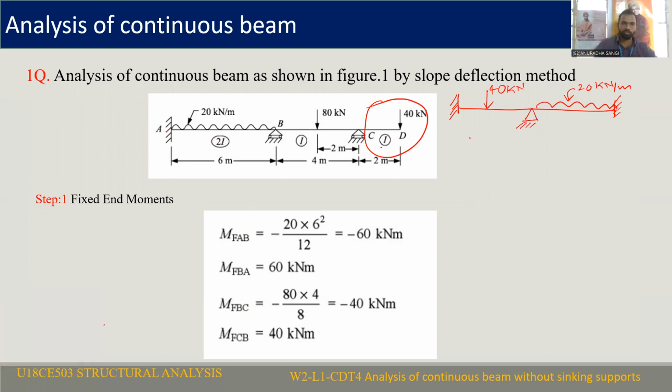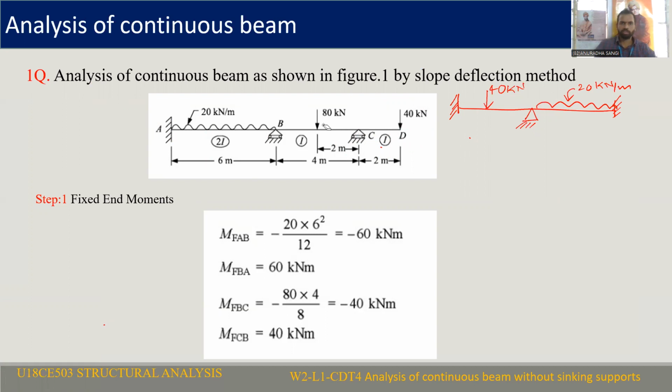Now we'll see the figure. This is a continuous beam. We have three spans: span AB, span BC, as well as span CD. Span AB is subjected to uniform distributed load of 20 kN per meter, and its moment of inertia for the AB span is 2I.